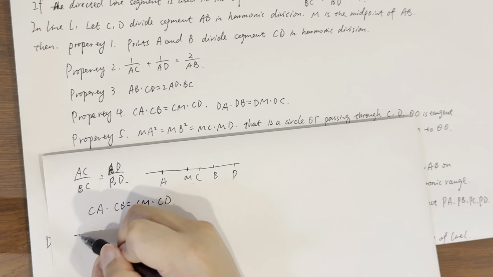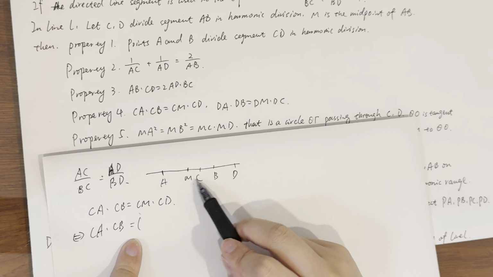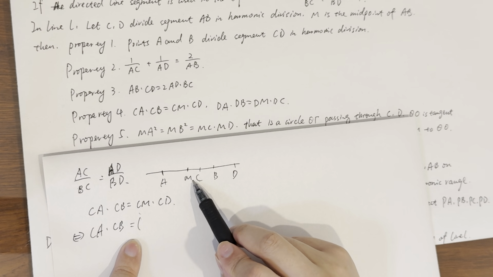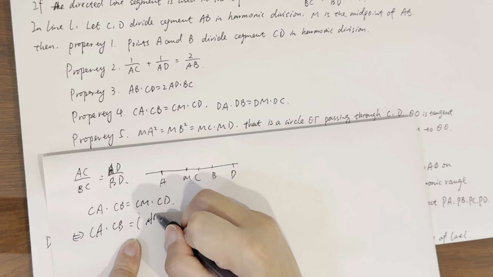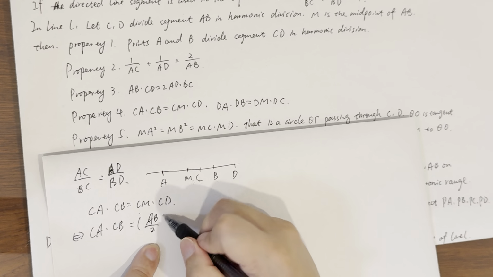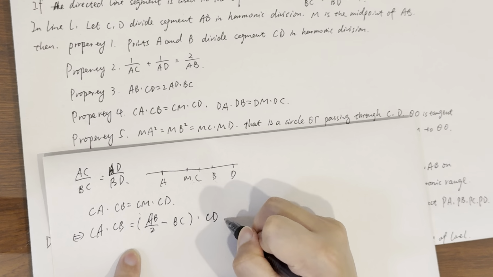So it's equivalent to CA times CB equals CM times CD, where CM is BM minus CB. BM is half of AB, so AB divided by 2, which is BM minus BC, right? That is CM times CD.